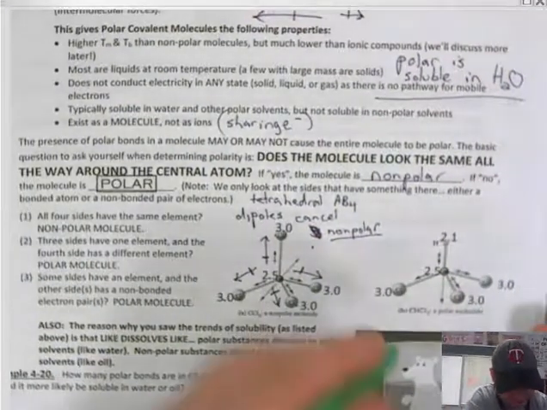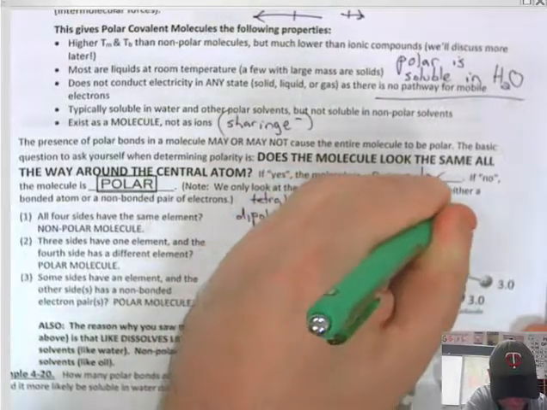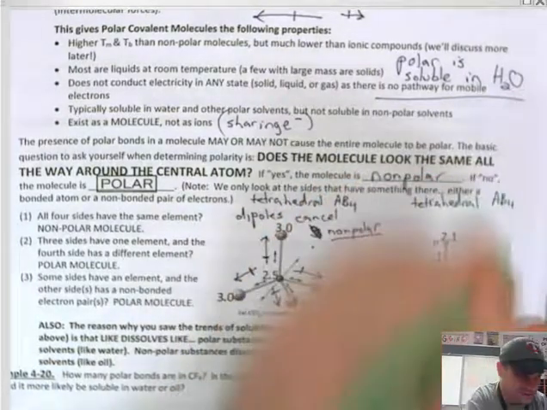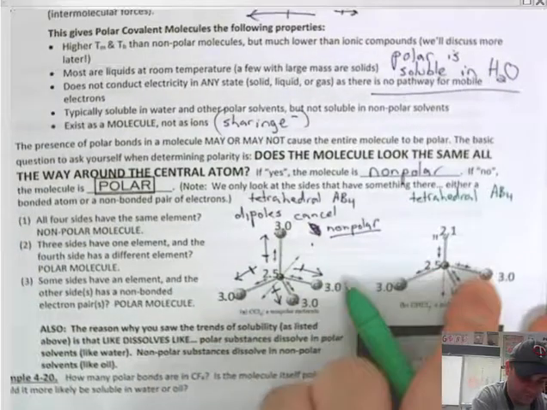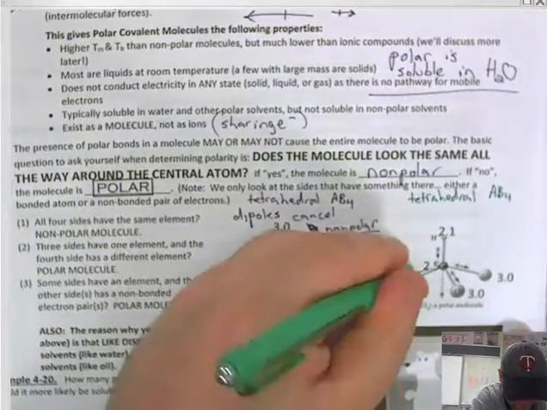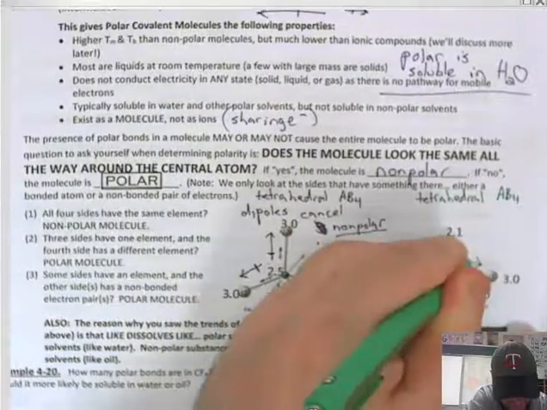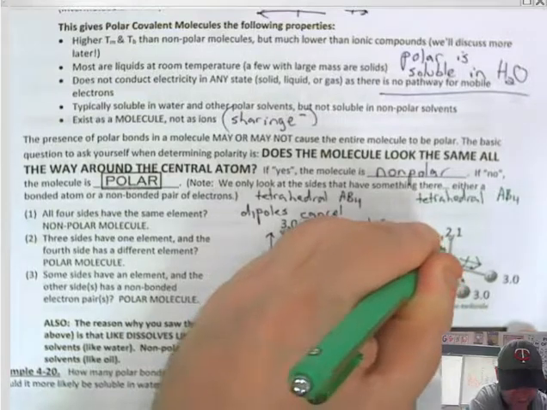Over here, this is also tetrahedral. This is also AB4. But this one has two different elements bonded to the carbon. There are some chlorines pulling here, some chlorines pulling here, and some chlorines pulling here. And then there is a little dipole from this carbon pulling down this way.